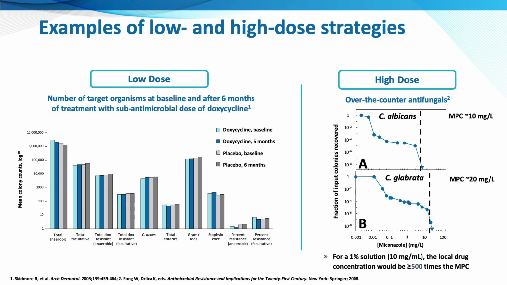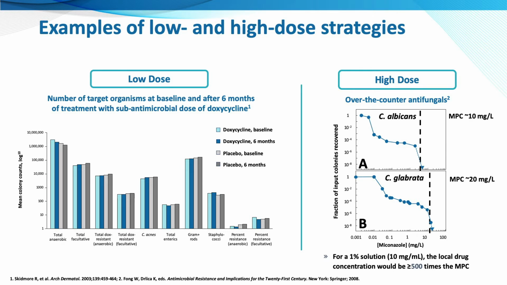After 6 months of treatment, there was reduction in the number of comedones, in the number of inflammatory lesions, and in the number of non-inflammatory lesions, but there was no statistically significant differences in normal skin flora or antibiotic susceptibility between or within the treatment groups and placebo groups from baseline.